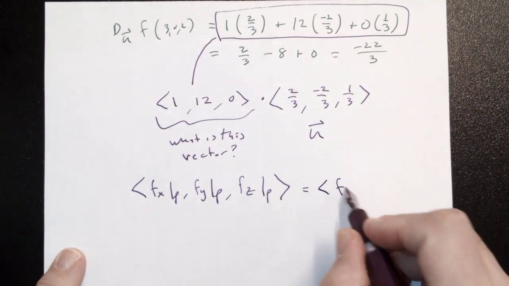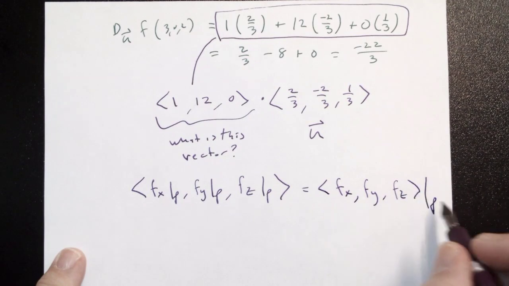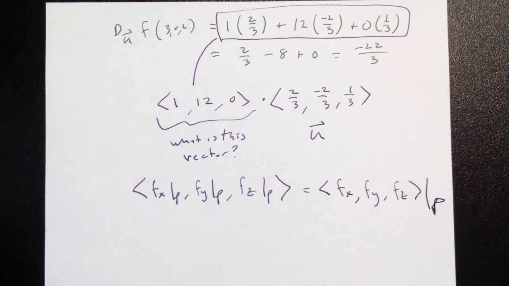Let's write it outside. You take the partial derivatives and you evaluate them at the point. I like writing the outside at P. That makes this a vector I get from F, and it measures change in all the directions we can go.